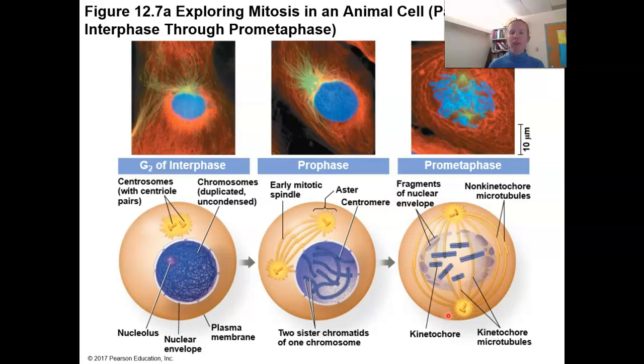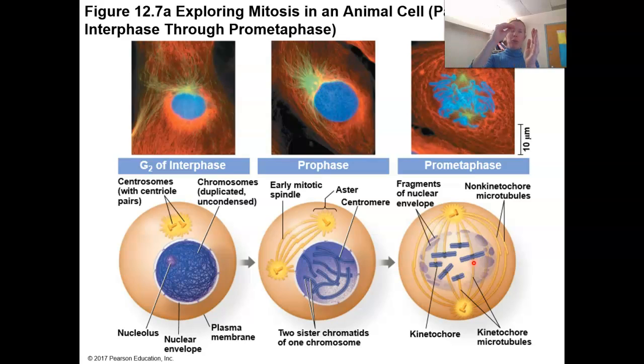Again, the nuclear envelope fragments, and they're using this as a time to describe some of this terminology about the microtubules, these proteins. There's kinetochore microtubules, and notice these are the ones that are actually attaching to the waist, the centromere of the chromosome. On that waist, there's these special protein patches called kinetochores.